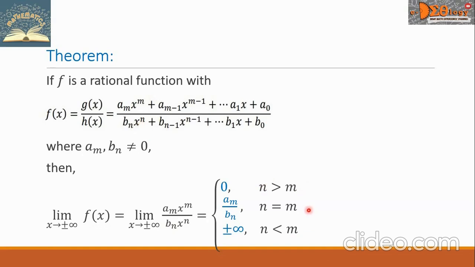Another possibility is a sub m over b sub n, and this is the answer if n is equal to m. Another possibility is positive infinity or negative infinity. This is the answer if n is less than m.